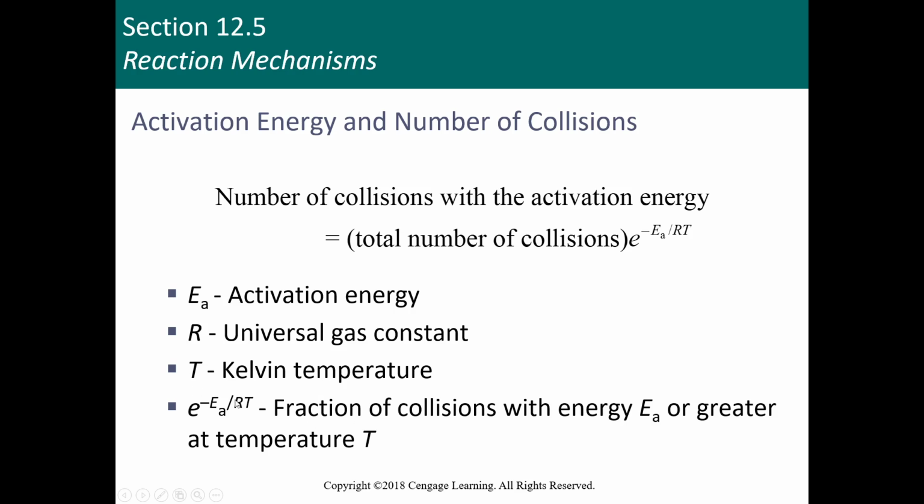This term, e to the negative EA over RT, is called the fraction of collisions with the energy of EA or greater at that temperature T. That's what that represents.